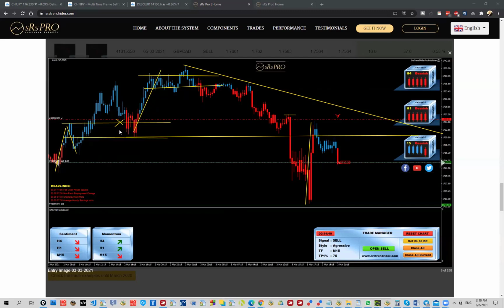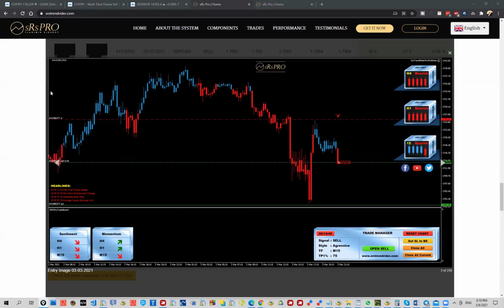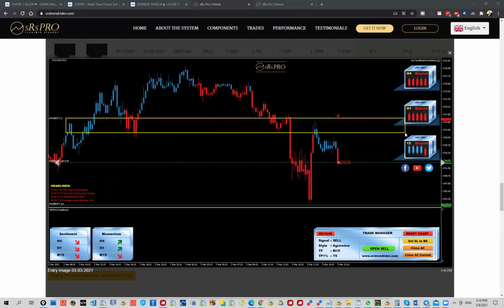So this entire level, let me actually use the rectangle, this entire level here, and if we extend it, we'll see where it takes us, is pretty much where the price came, right? That's about the previous candles and what happened in the past. This is where the price broke, and we never got a retest of that zone. So now coming and testing this level means a lot, and we're actually holding below it, right?